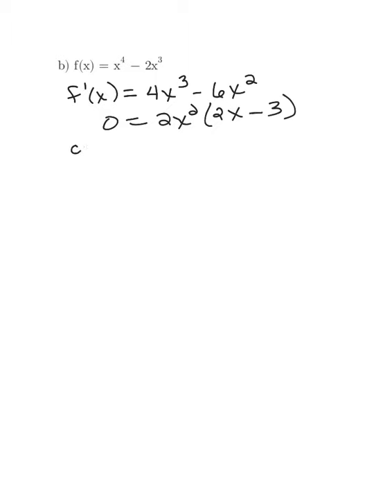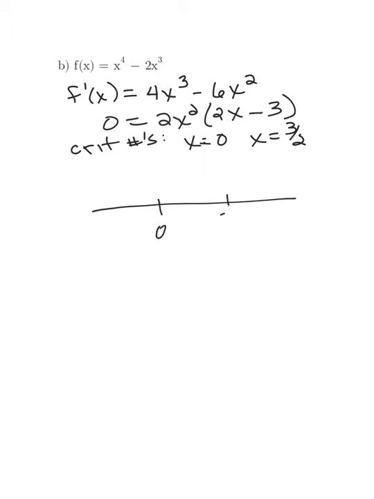So our critical numbers are x equals 0 from the 2x squared and x equals 3/2 from the quantity. Set those on a number line. And then do your testing in the first derivative.